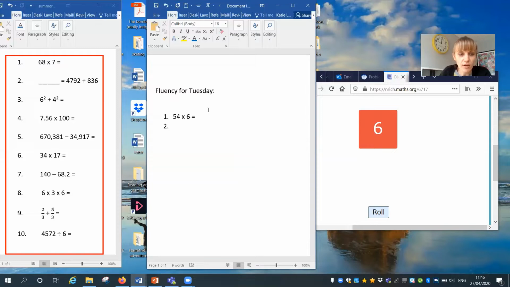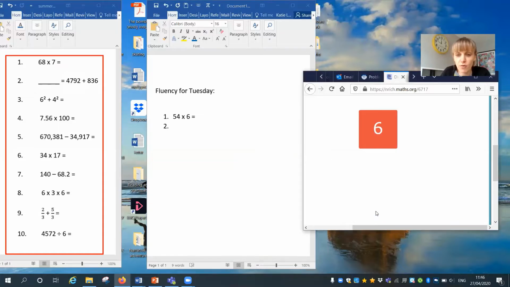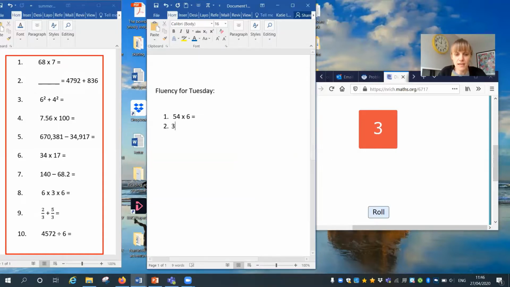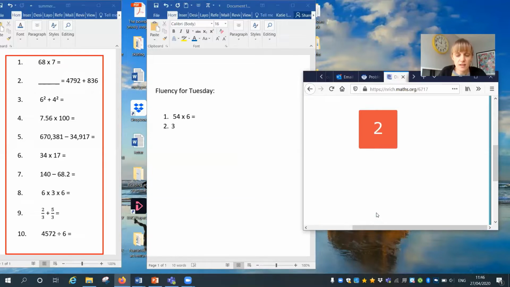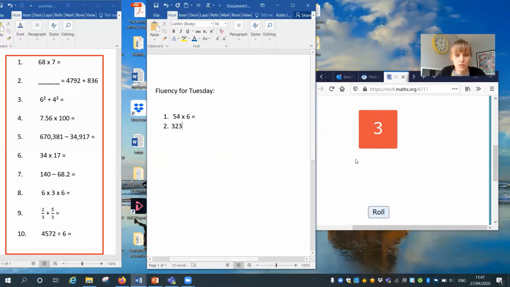And we're going to carry on for the next few questions in the same way. So question 2, we're adding a 4-digit number, so we're going to generate a 4-digit number. So I've got a 3, that's 3,000. How many hundreds? I've got 2 hundreds. How many tens? 3 tens, and keep going back and rolling my dice, and then 2 ones.